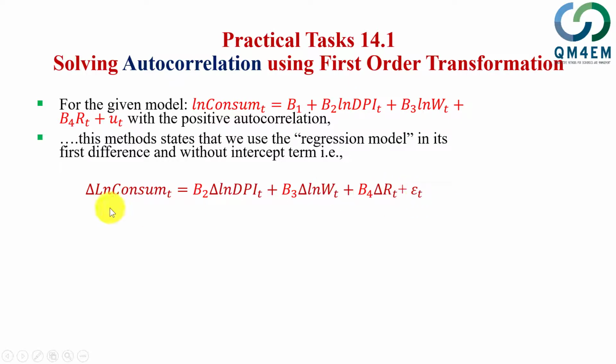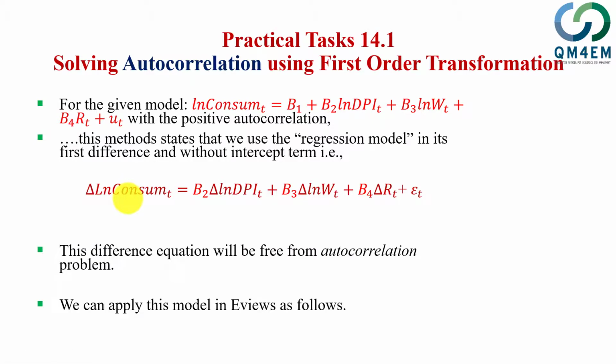So what does delta show? Delta shows the variable in its differences. Delta log of consumption is equal to log of consumption in period t minus log of consumption in period t minus 1.